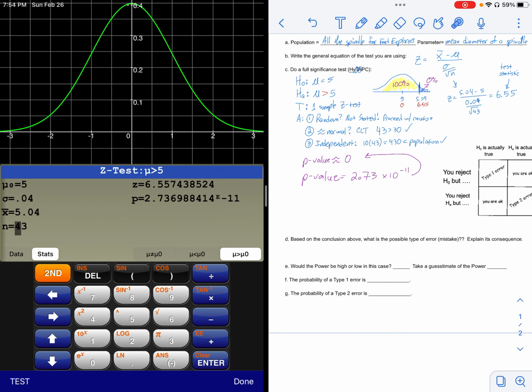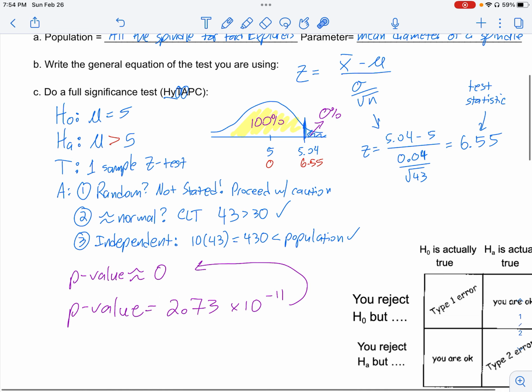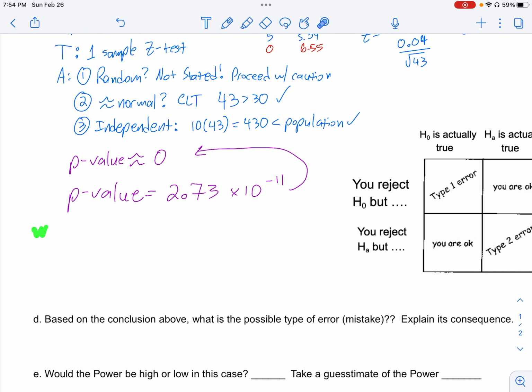Oop, go away, calculator. So with C for conclusion, with P of approximately 0, which is way less than alpha. Remember, alpha was 0.01, right? Remember our little diagram, put 1 at the top, 0 here.